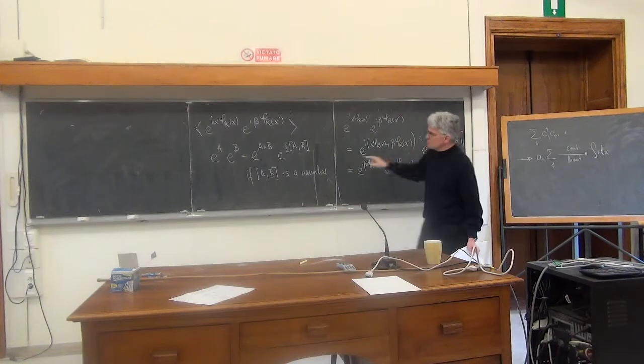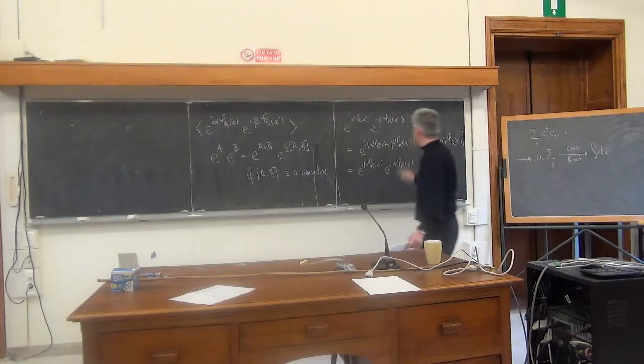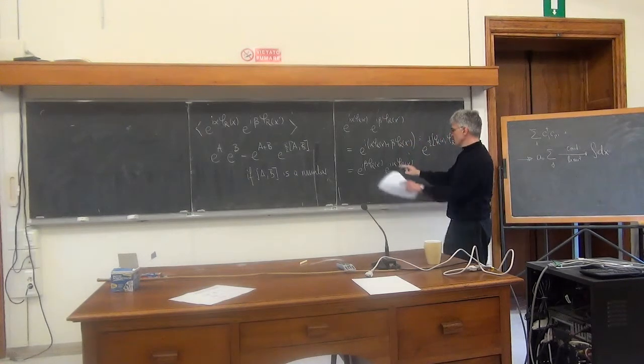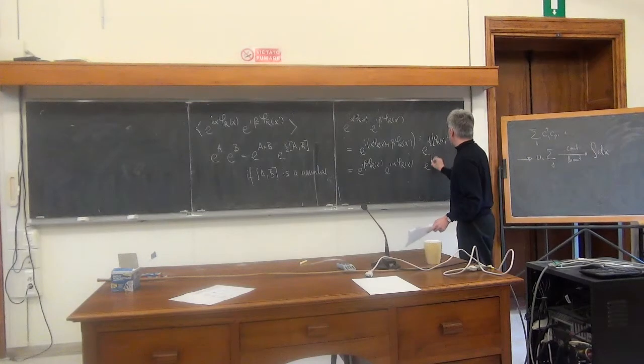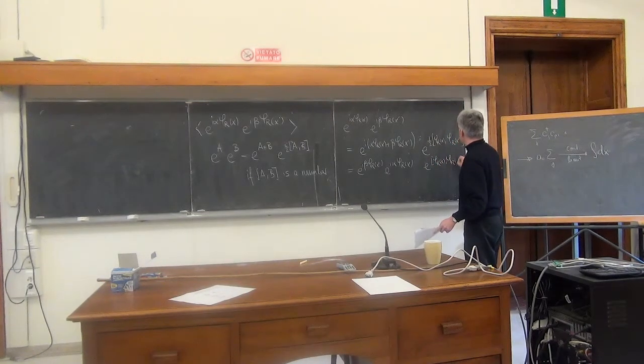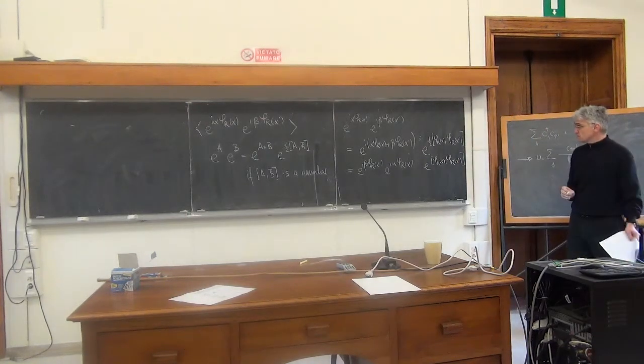Now what I'm doing is I'm using the Baker-Campbell-Hausdorff formula in reverse. So I'm rewriting this as a product of vertex operators in the reverse order, and then here I will have the commutator of phi_R(x) and phi_R(x').